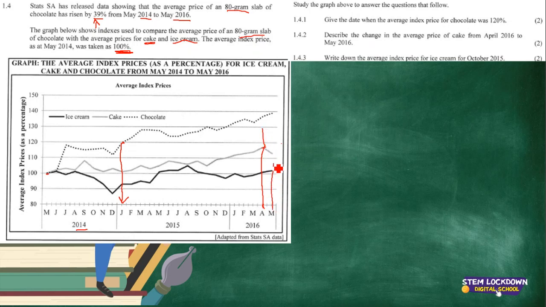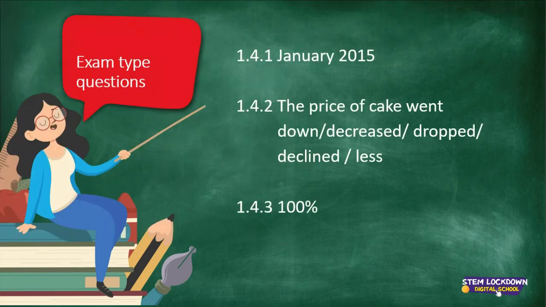Now notice, generally there's an increase over time, but between April and May there's a decrease. So there's a decrease in the average price of cake from April 2016 to May 2016. You can say it's decreased, it's dropped, it's declined, it is less. Any of those words mean the same thing.